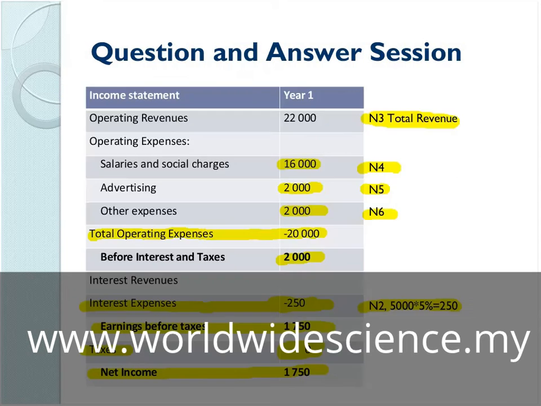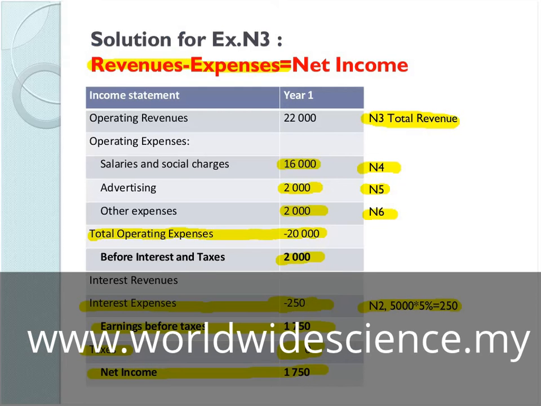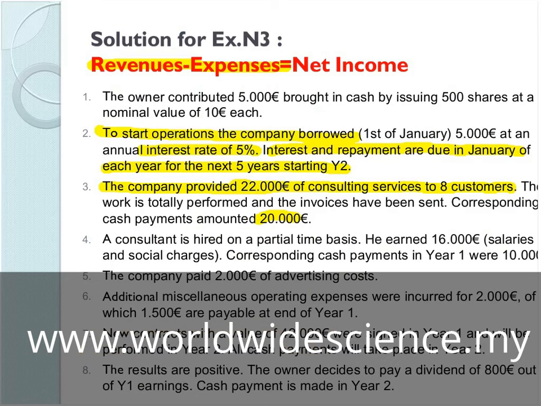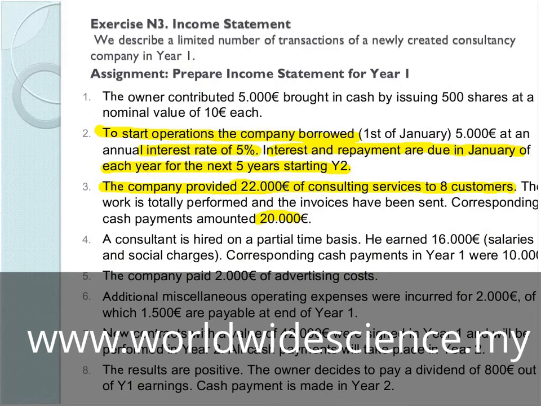We must go back to exercise number 3. Salaries and social charges. So Mr. Barak asked me about transaction number 4, the salaries and social charges, that given 16,000. The consultant is hired on a partial time, and he earns 16,000.